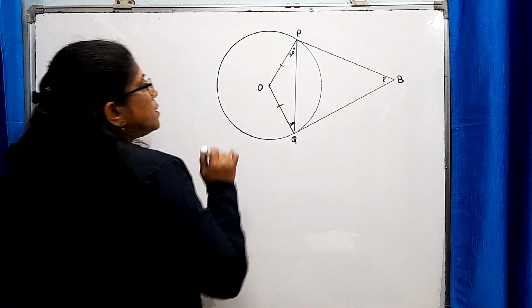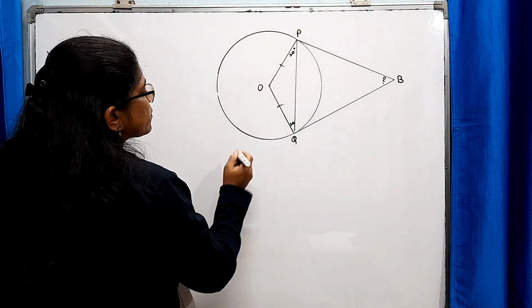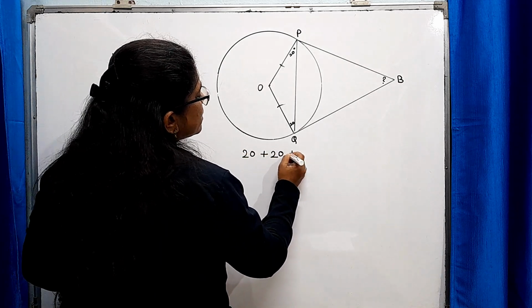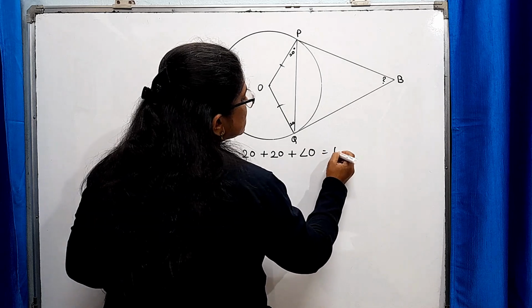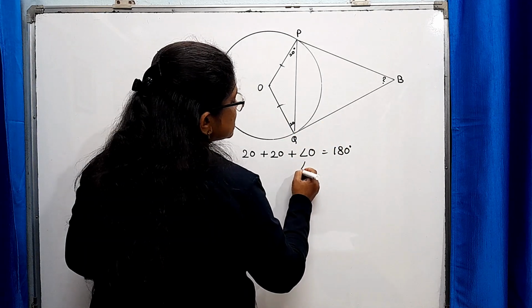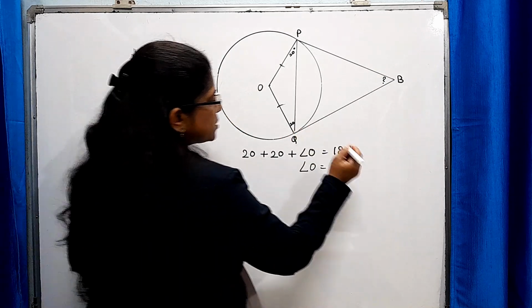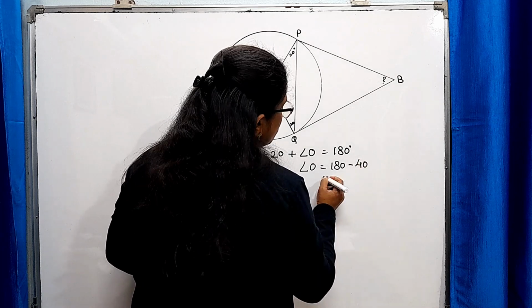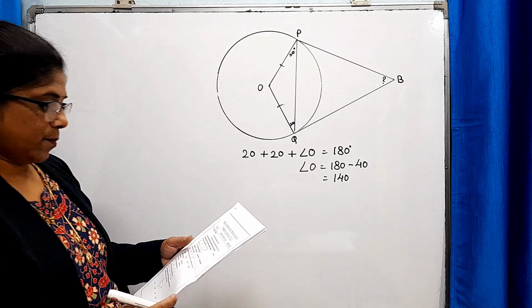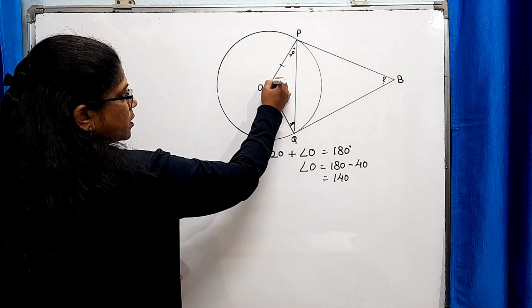In triangle OPQ, angle P is 20, angle Q is 20 and angle O together makes a total of 180 degrees. So angle O is 180 minus (20 plus 20), that is 180 minus 40, and that is 140. Now here, this angle is 140.